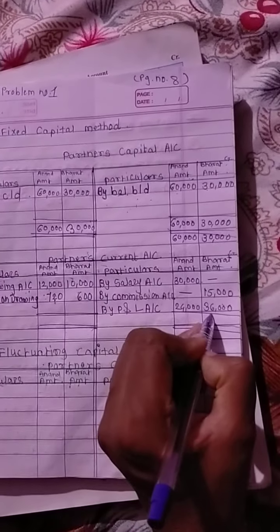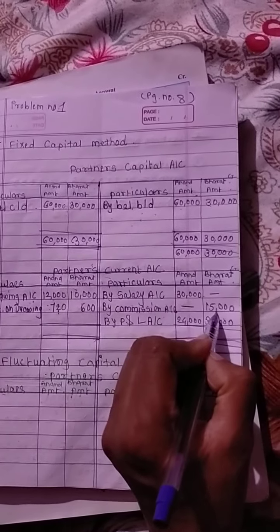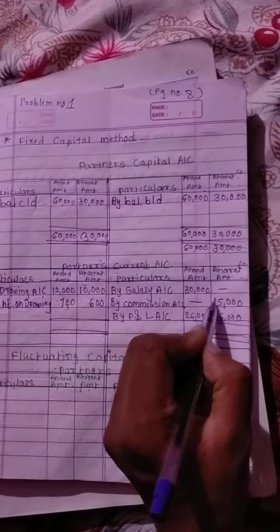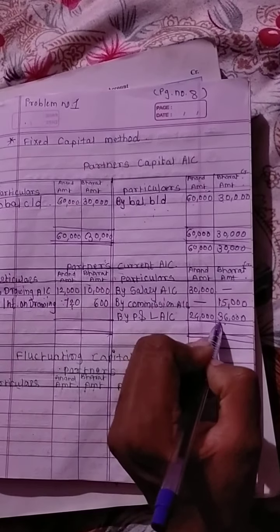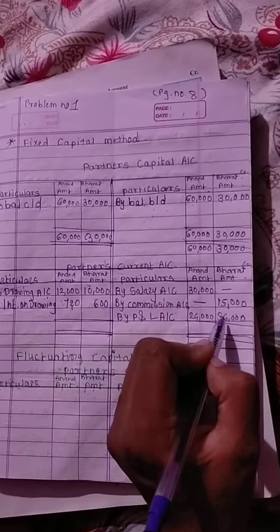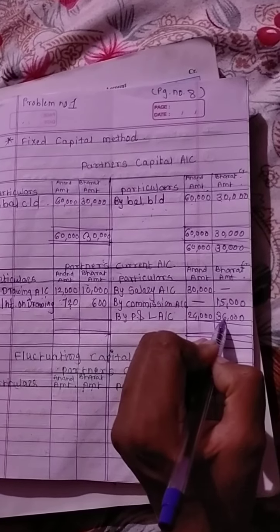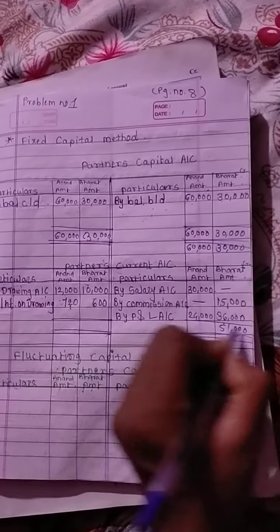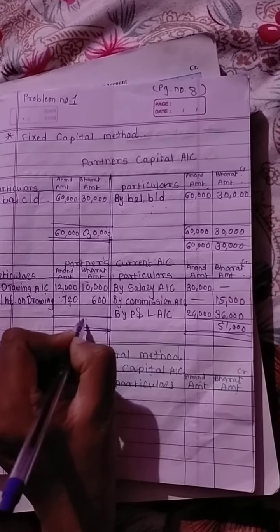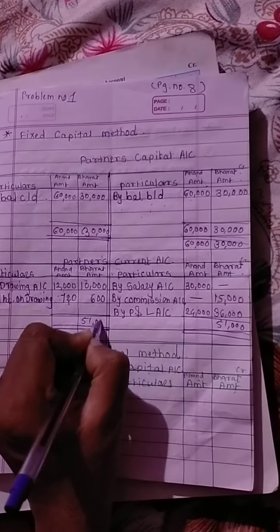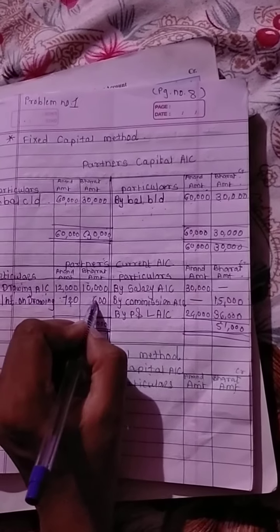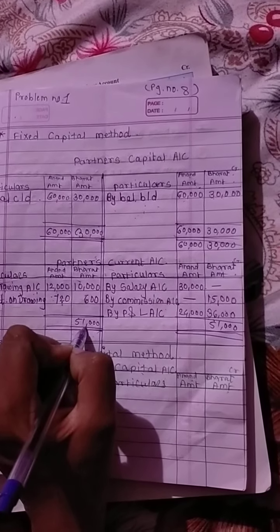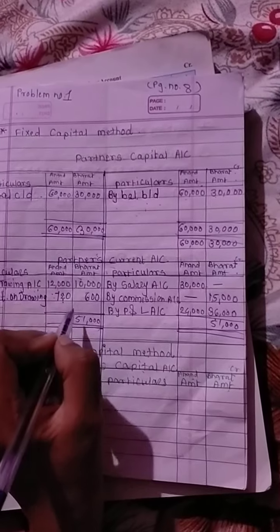See, 36,000 plus 15,000, what amount will come? 35 plus 15, 30, 40, 45, 50, 51,000. Here also 51,000. Okay, there is 16,000, so 51,000 minus 16,000. See what amount will come and write that amount here.